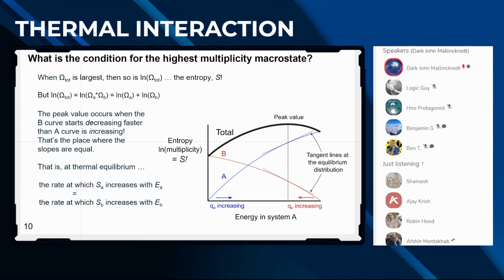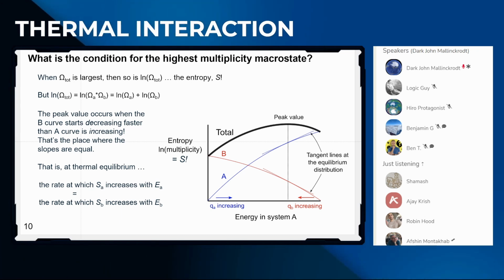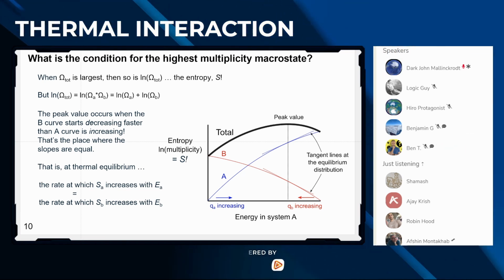The peak value, and this is a little tricky, but you need to just think about that. The peak value occurs when the rate at which A is increasing is equal to the rate at which B is decreasing. At that point, the sum isn't changing.